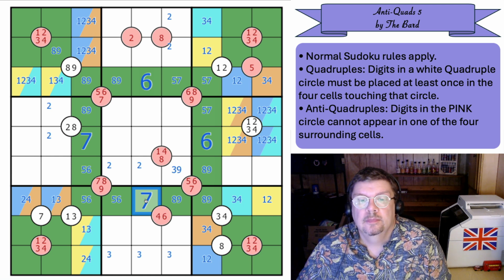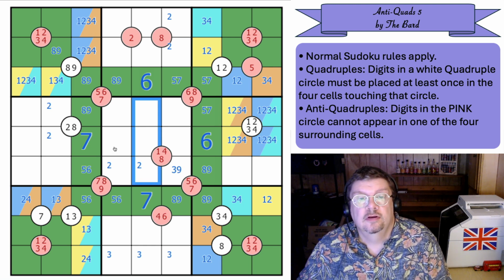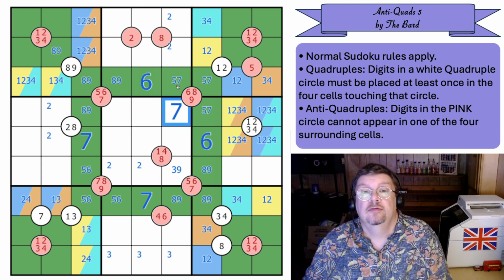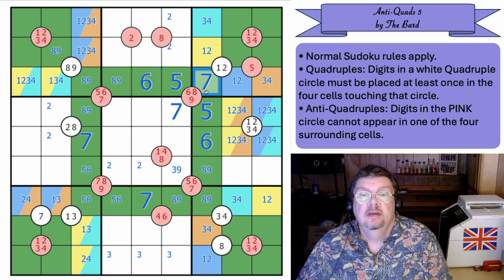Right. So 7 does not go in any of those by Sudoku, and it can't go here, here, or here by anti-quads. So 7 goes there. That makes that 5, and that 5, and that 7.